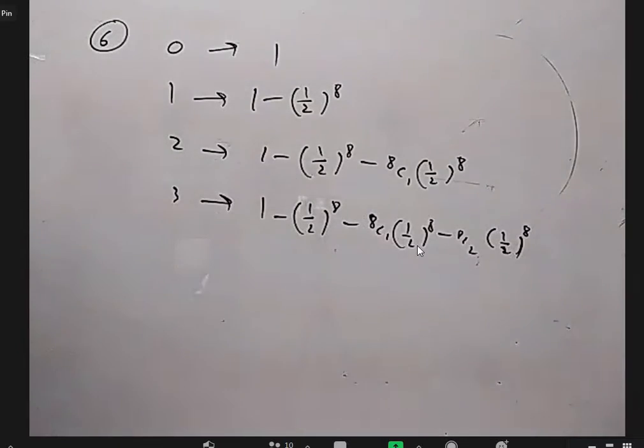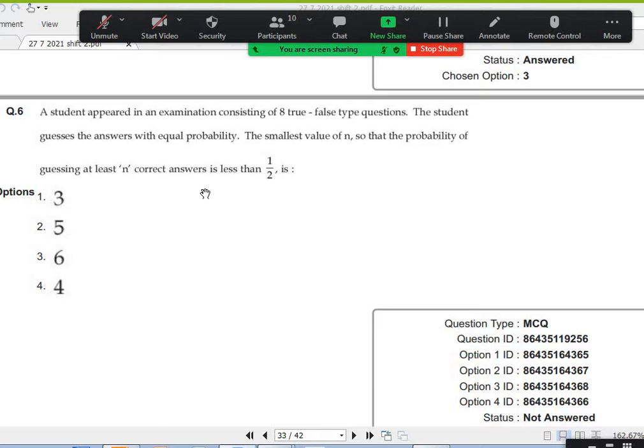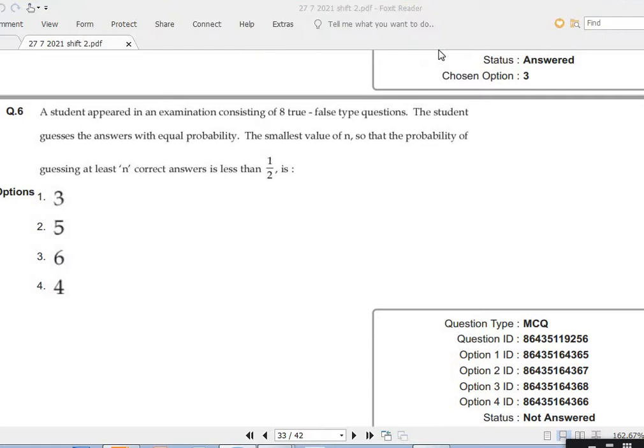So is it slowly increasing or decreasing? It is decreasing. So what is the least value of n where it will become less than 1 by 2? The smallest value of n, so that the probability of getting at least n correct answers is less than 1 by 2. Initially it is 1, slowly it will decrease.